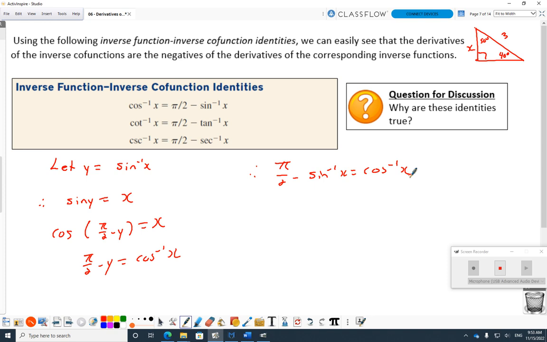With those 3 identities available, it's easy to get the other 3 derivatives. I'll do one of them.